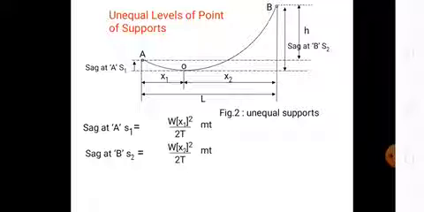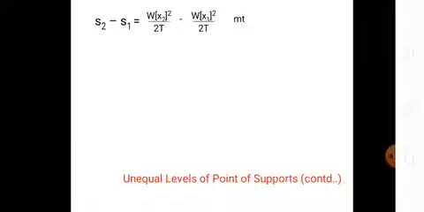At B, sag S2 is equal to W into x2 square by 2T. But actually the height h is equal to S2 minus S1. So h is equal to W x2 square by 2T minus W x1 square by 2T.